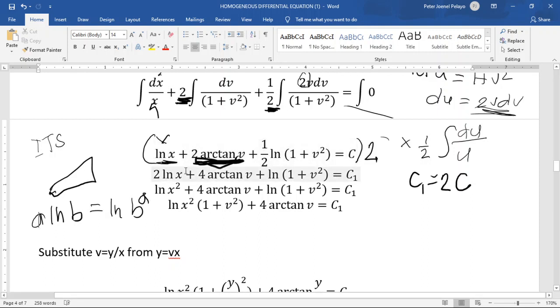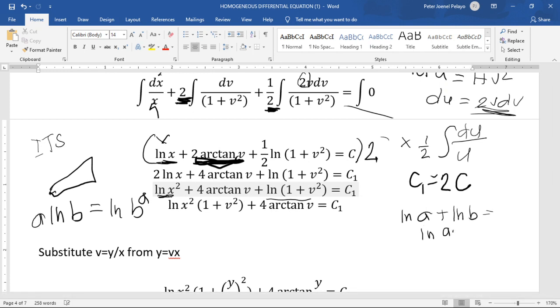Kaya pwede siyang pumunta doon, naging x squared. And then, we can combine this two ln with the property ln A plus ln B is equal to ln A times B. So, naging x squared multiplied by 1 plus v squared.